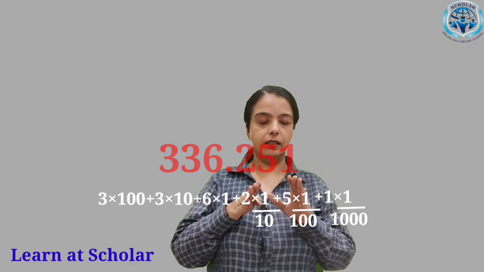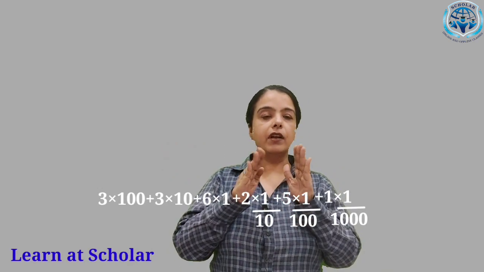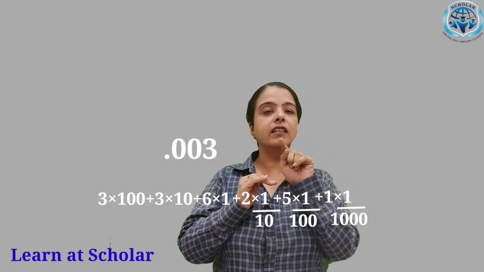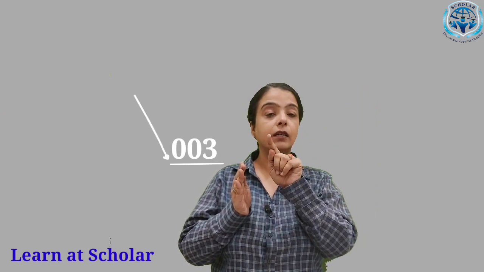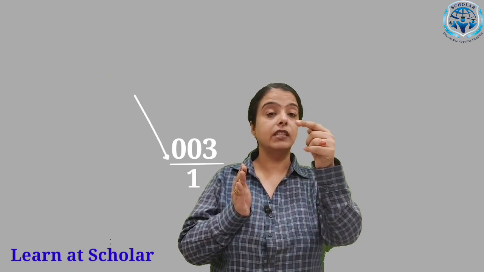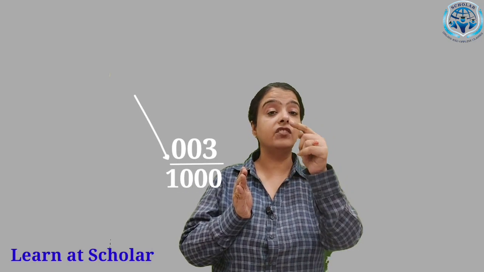Now let me explain this. If we have to remove the decimal of 0.003, what will we do? We will write 0.003 upon 1, remove the decimal and count the digits after the decimal: 1, 2, 3. There are 3 digits after the decimal, so we will put 3 zeros in the denominator. That means 3 by 1000.